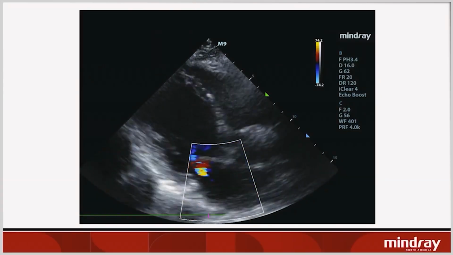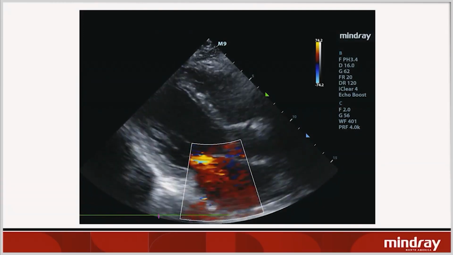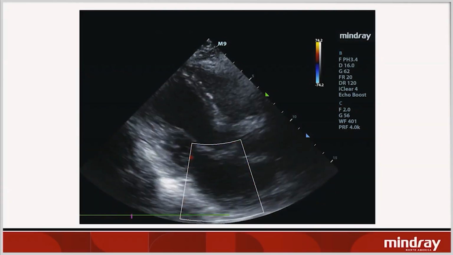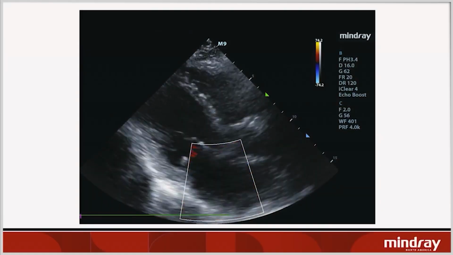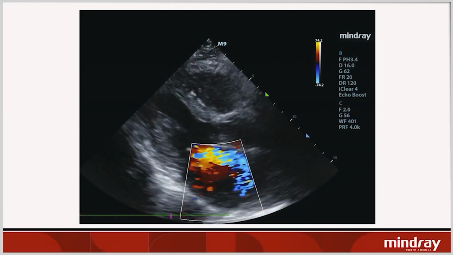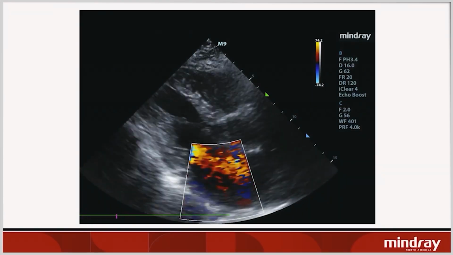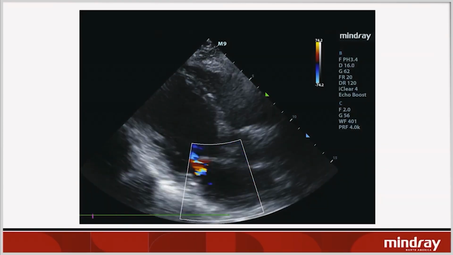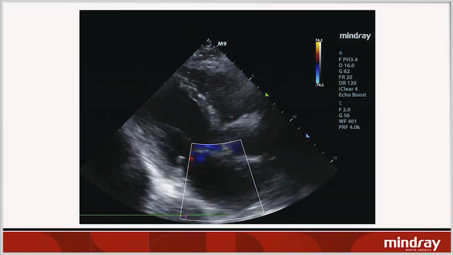But again, if you don't put color on this valve, you might not even notice that subtle valve problem. Frequently what we do as a quick screen is we drop a color box and include a little bit of the LVOT, the aortic valve, the mitral valve, and the left atrium. And then when we see a significant regurgitant jet, whether it's aortic insufficiency or mitral insufficiency, we'll move the color box down so that we can see the entire left atrium.